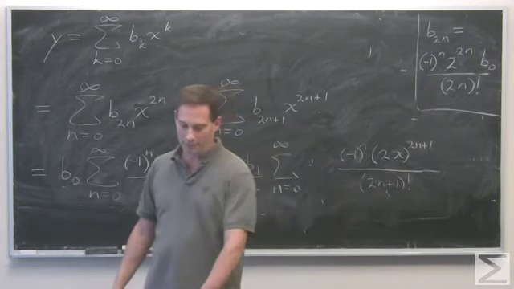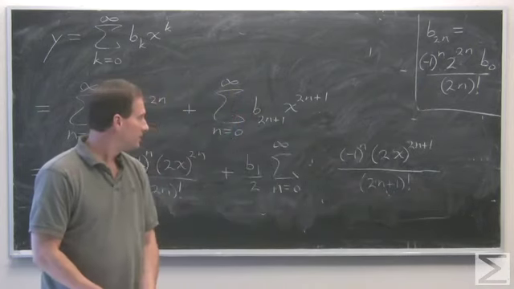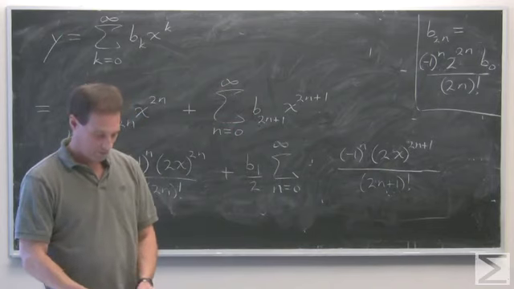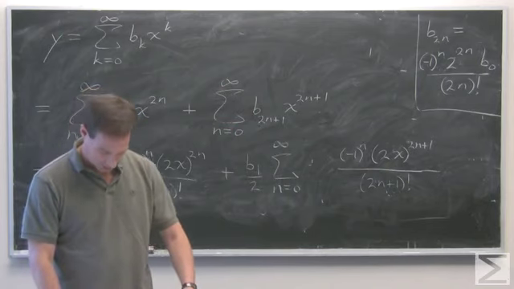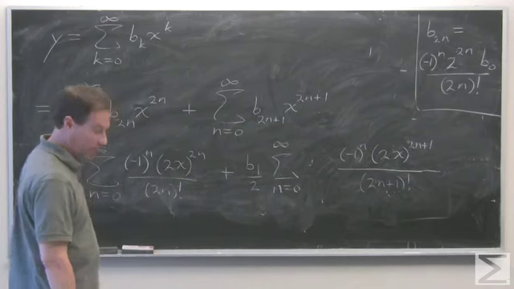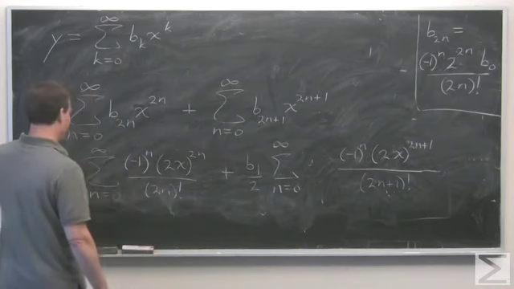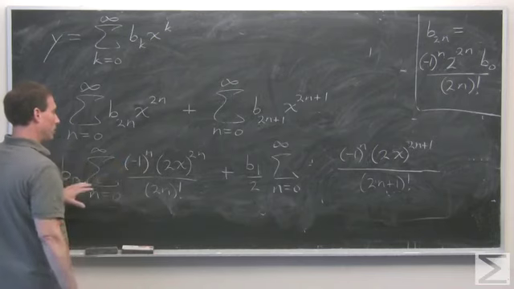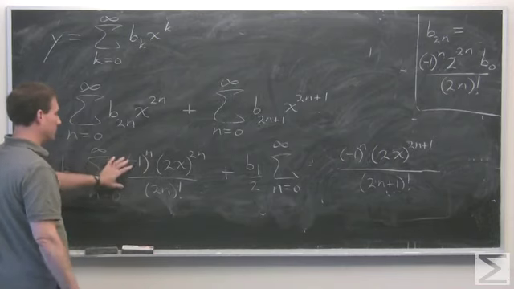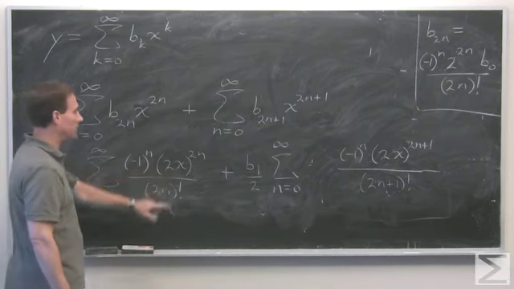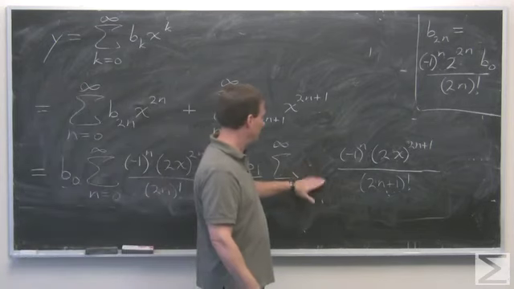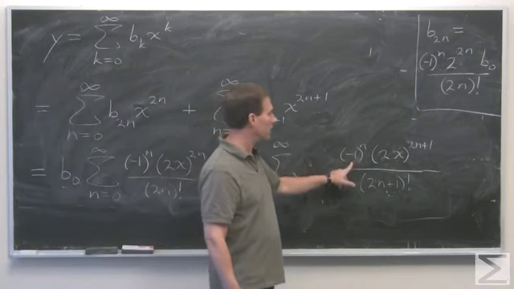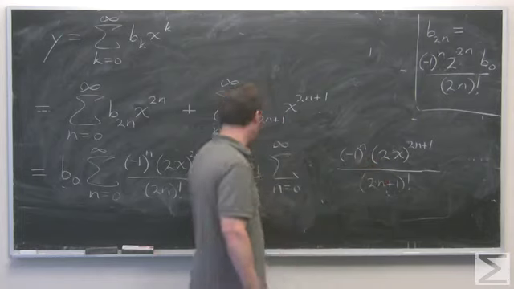And hopefully, this looks better to you. This should look familiar, and I'm now double checking to make sure I have gotten the right answer. Yes. This is the series for cosine, not of x, but of 2x. This is the series for sine, but not of x, but for 2x.